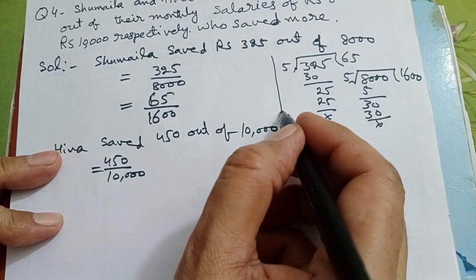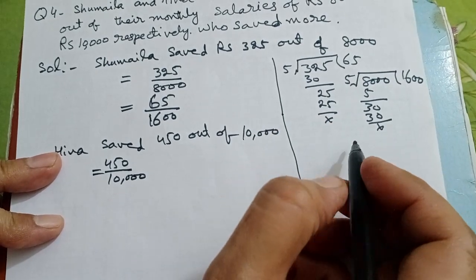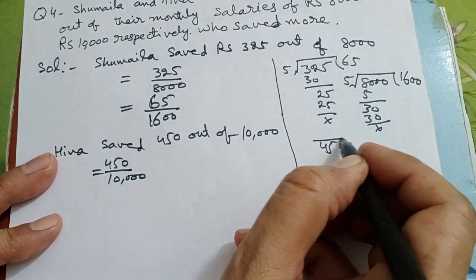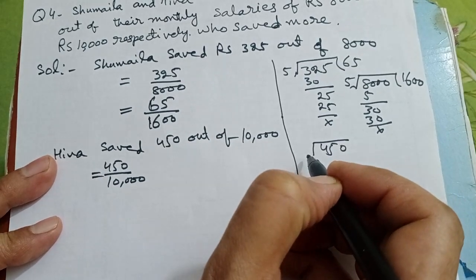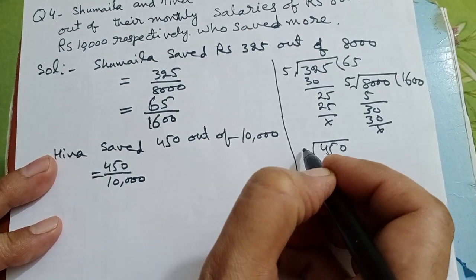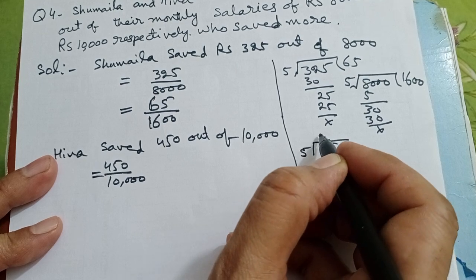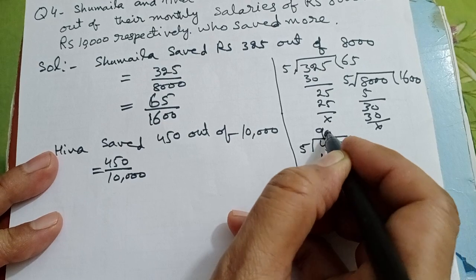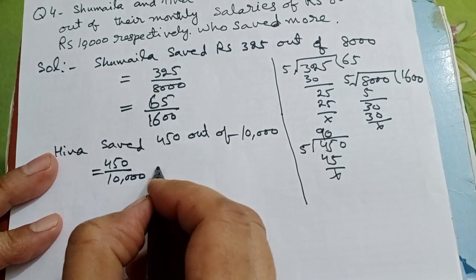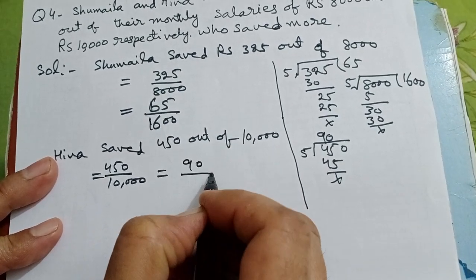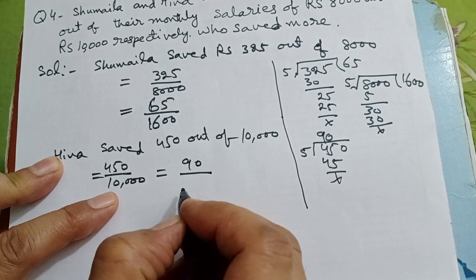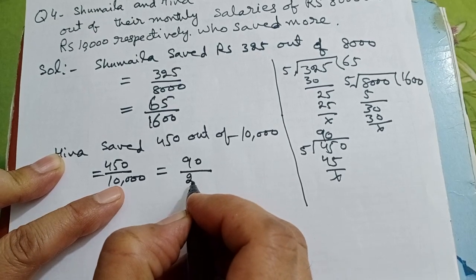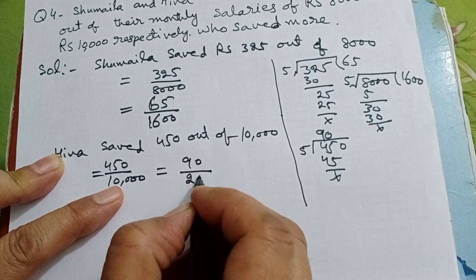We solve it on rough portion. Nine 5s are 45. So we have 90 divided by 200.